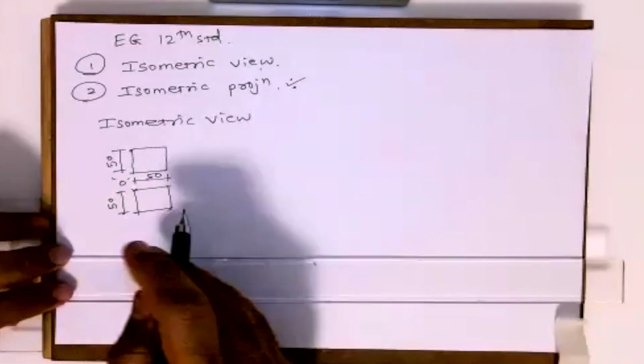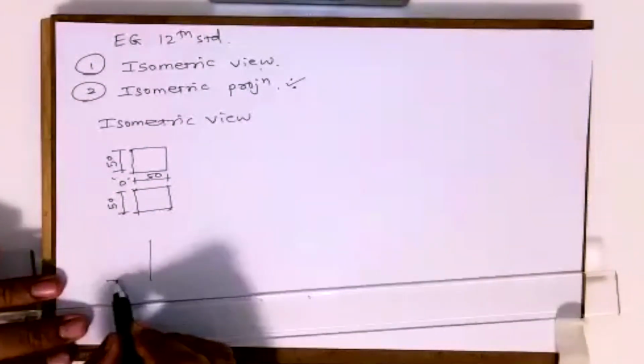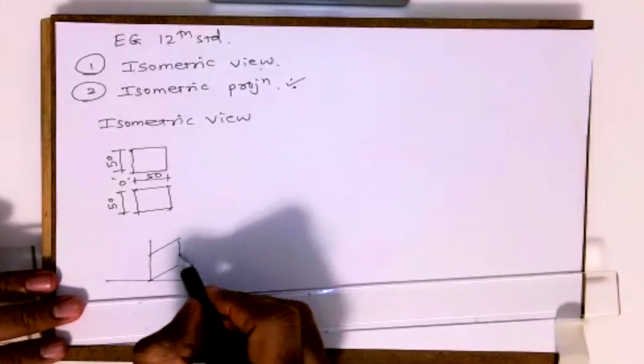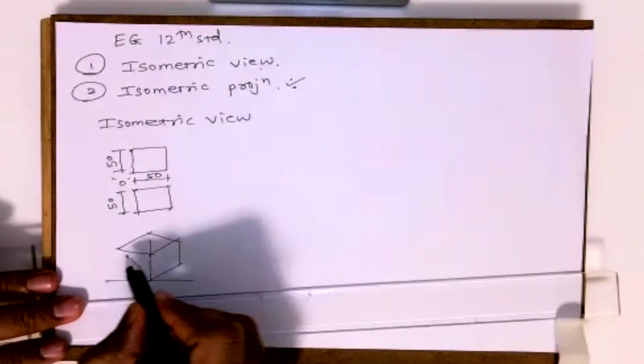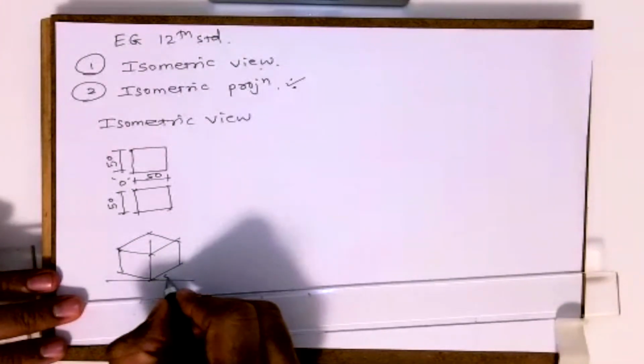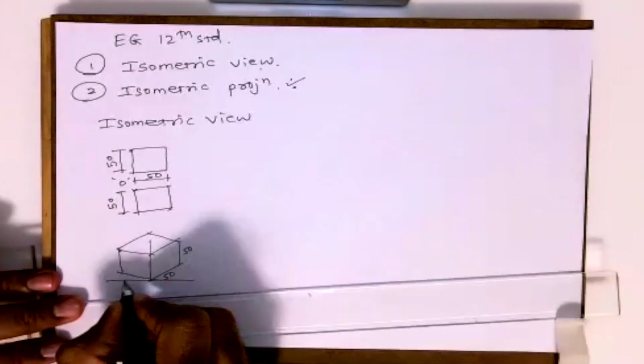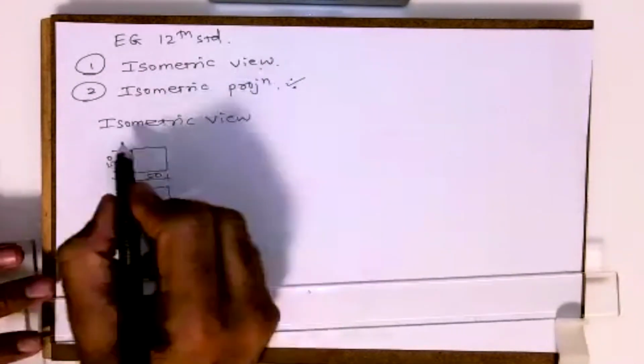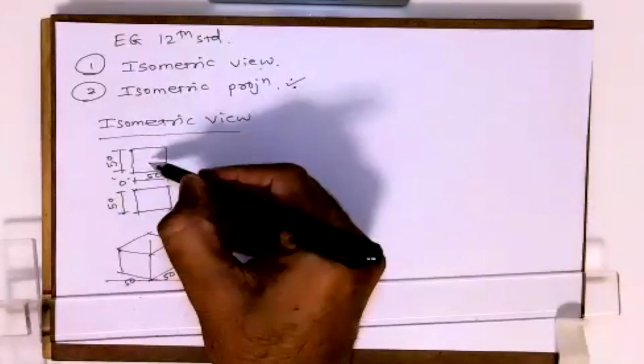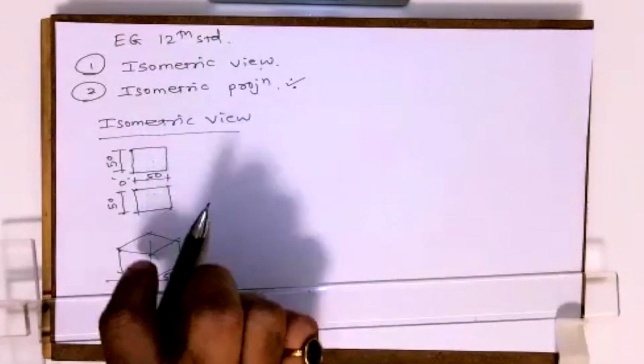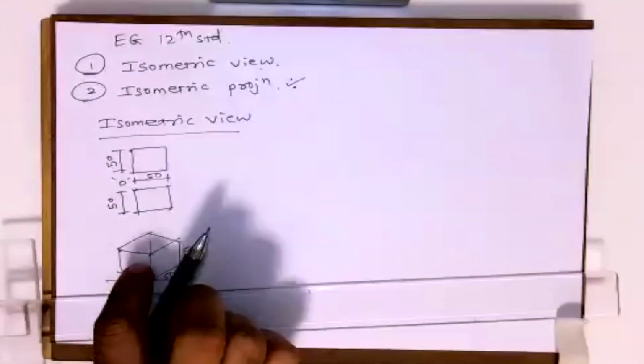So I will draw a cube like this, 50, 50, 50, where I take this side 50, this side 50, this side 50. So what I have done is isometric view. I have taken the same dimension and drawn this.